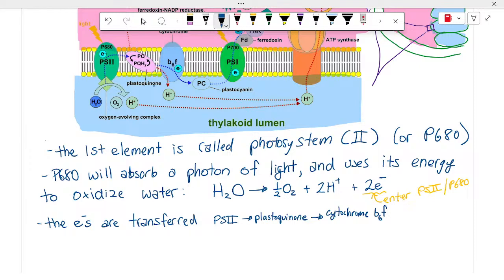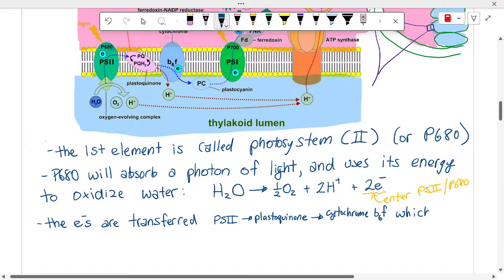Ignore the numbers in this chart. It just shows everything as 1, but we know that this releases 2 electrons, this releases 2 H pluses, and actually 2 H pluses get pumped here, but we don't need to worry about the number. We'll just say that cytochrome B6F releases H plus ions into the lumen.